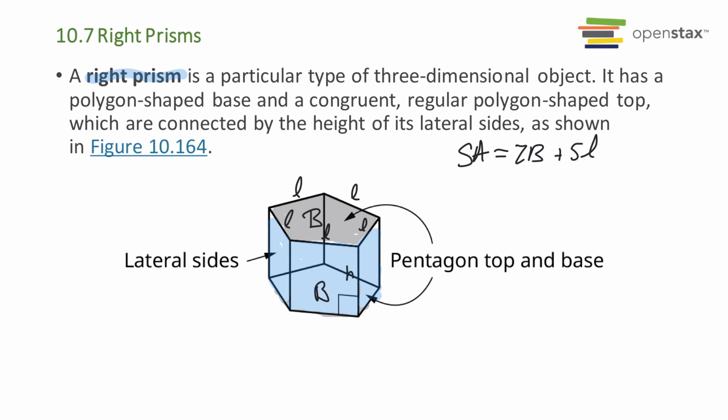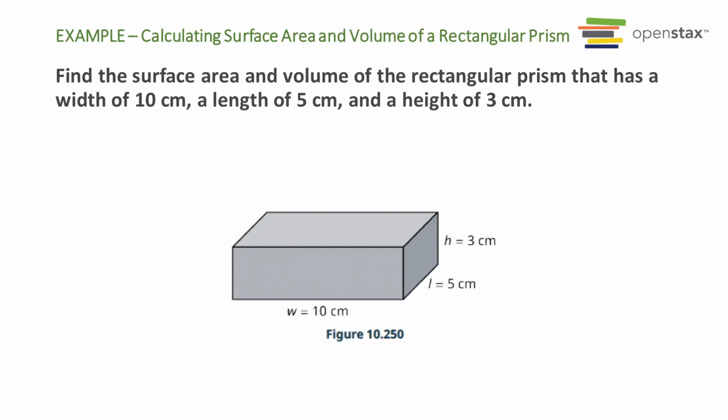We'll call this the height, times height, but 5 times L is the perimeter again, so that's 2B plus PH, which again gives us that help keeping up with the areas of the lateral sides.